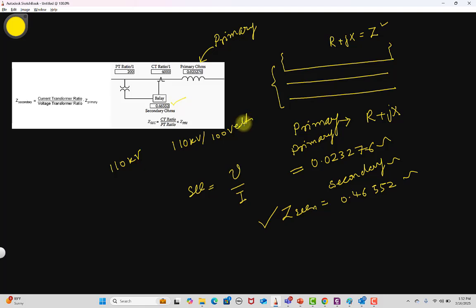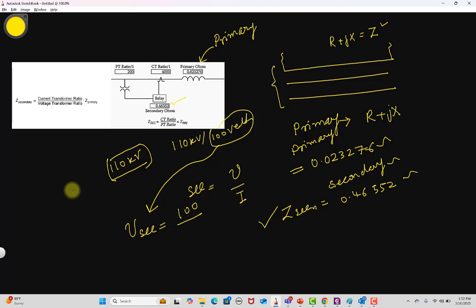The voltage seen by the relay, if the primary voltage is 110 kV, which we call the primary value, then the secondary value of the VT will be 100 volts, and this secondary value is basically the value that's seen by the relay. So you can see there is a difference of voltage already from primary to secondary, from 110 kV to 100 volts.